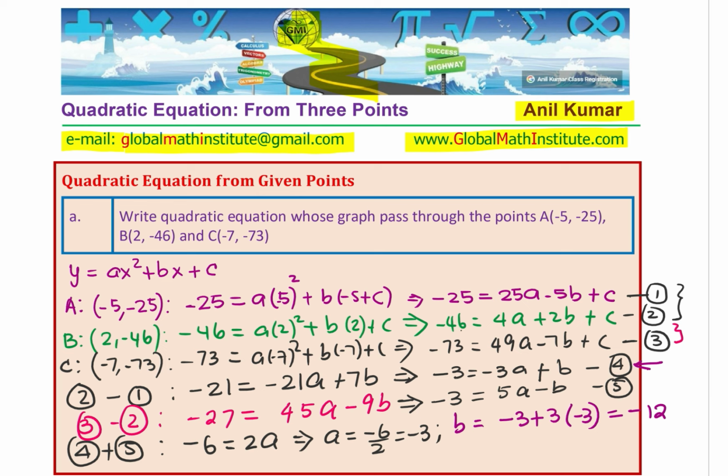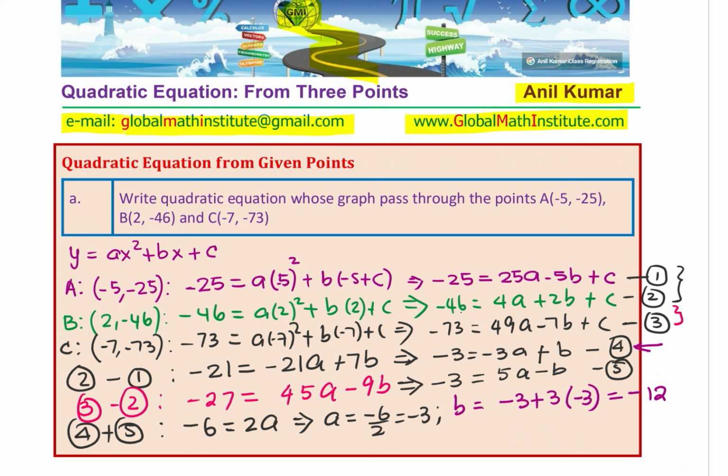So you know both a and b. Now you can also find c. We can use any of our initial equations. To find the value of c, we substitute the values of a and b in our very first equation. So we have -25 equals 25 times a, which is -3, minus 5 times b, which is -12, plus c.